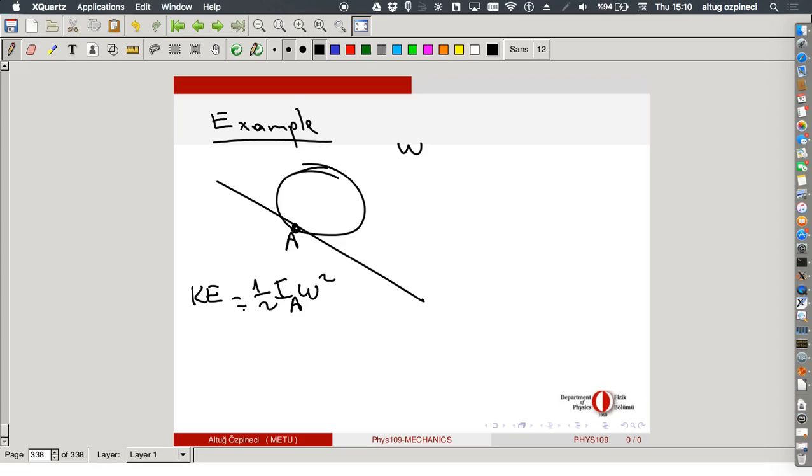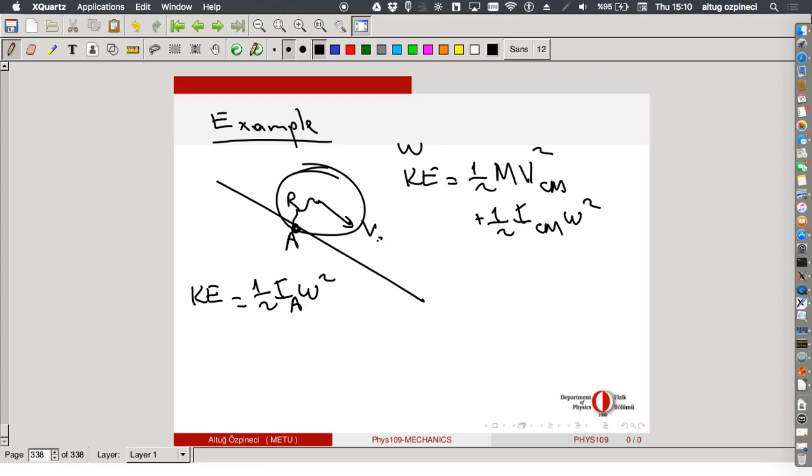Now we can also write the kinetic energy as 1/2 m times the velocity of the center of mass squared plus 1/2 I center of mass times omega squared. And we just said that these two kinetic energies should be the same. Now we also know that the center of mass is at a distance r from my rotation axis, so the speed of the center of mass is nothing but r times omega.